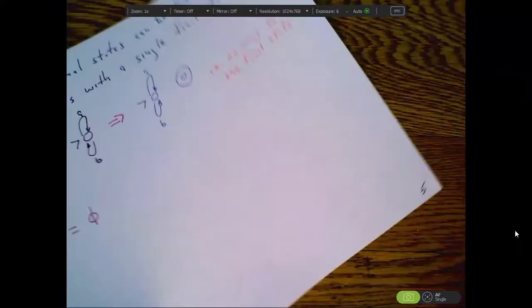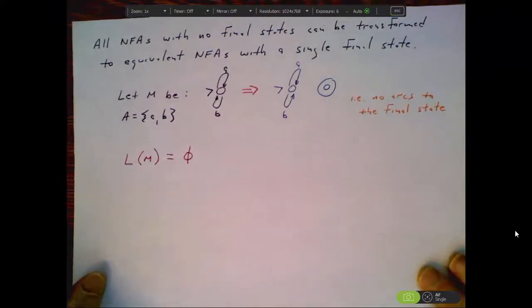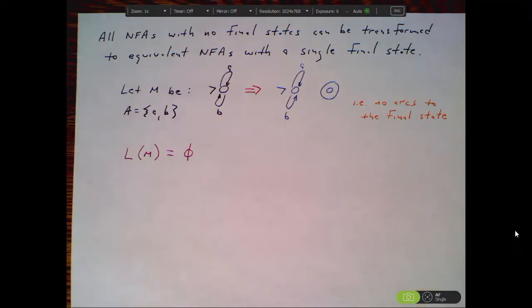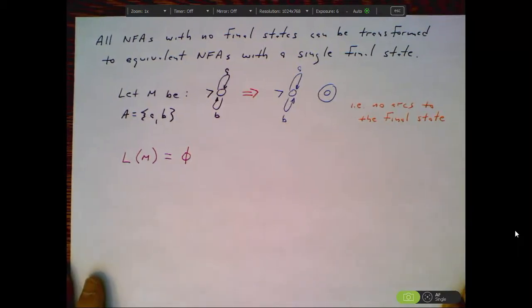What else? Well, all NFAs with no final states can be transformed to equivalent NFAs with a single final state. And again, this is sort of the degenerate case. If I don't have a final state, I can't match any strings, right? So the only language I'm going to recognize is the empty set. Okay?